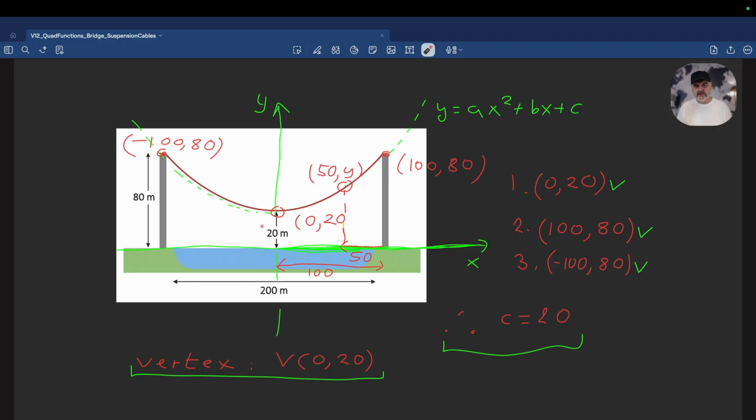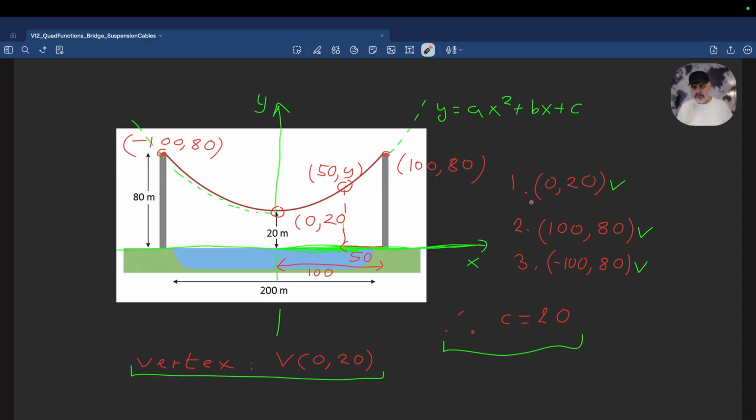Now, in this convenient example, we have a vertex. It is given indirectly, but we can make that discovery by analyzing what is given and what it is that we need to do. So generally speaking, you would say, okay, this is my objective. I have to find the equation of that: y equals ax squared plus bx plus c.